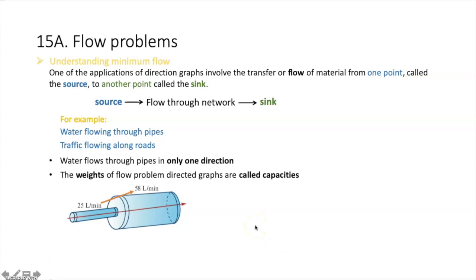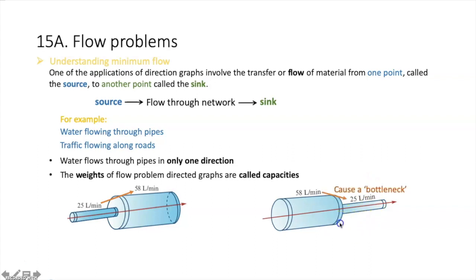Now let's think about it. If we reverse the connection, and direct the water from the larger capacity pipe into the smaller capacity pipe, there will be a bottleneck at the junction. The large capacity pipe is delivering 58 liters per minute, but when the water flows into the smaller pipe, it will still only allow 25 liters of water to pass.